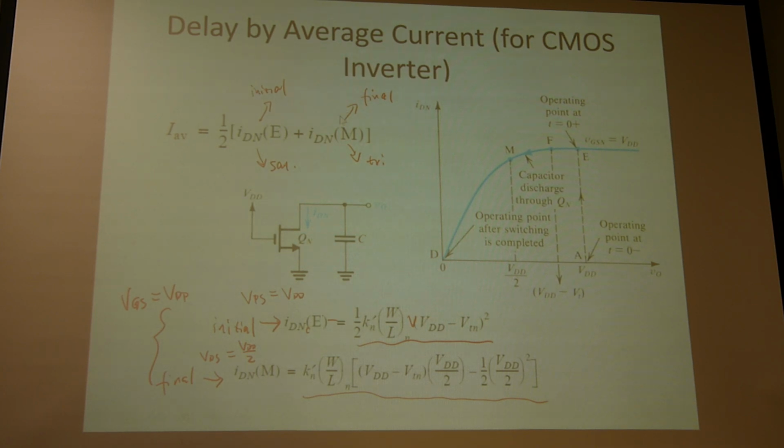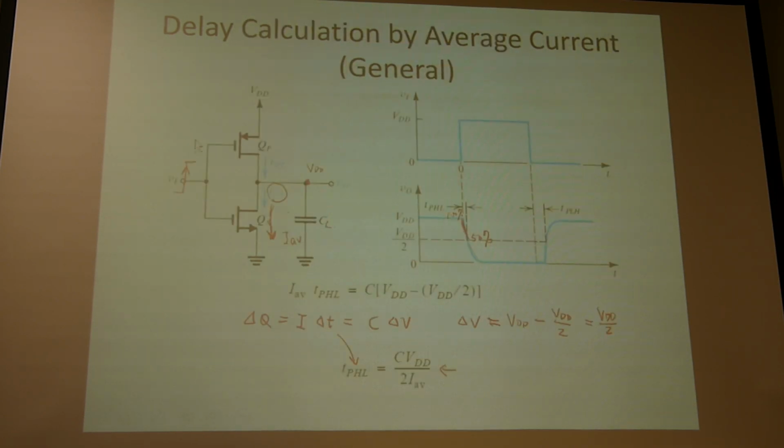And finally, when the output voltage drops to half VDD, then the transistor will enter the triode region. So then we have this equation for the triode current. So we have those two currents, and then we take the average. So we will plug this average current into this equation to get the delay.